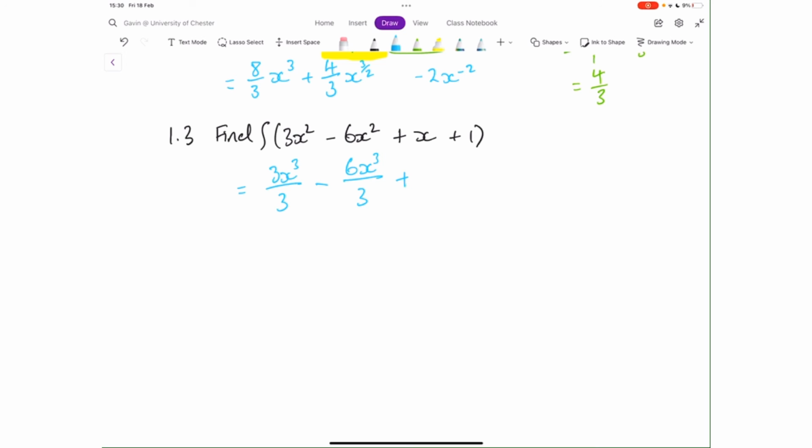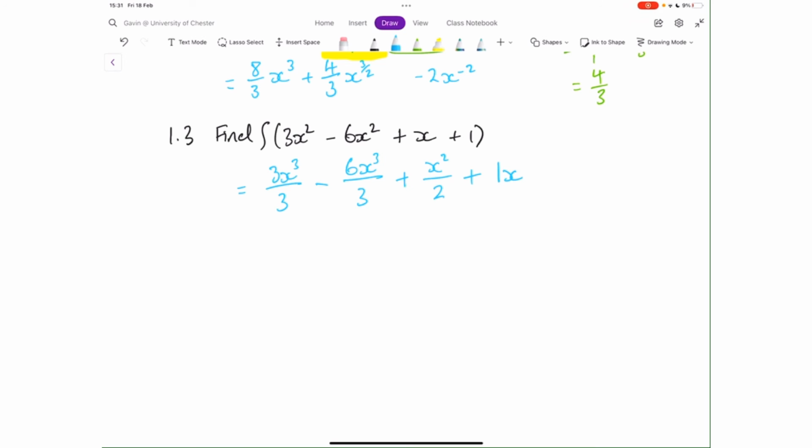So this becomes x squared divided by 2 plus, again, remember there's an implied x to the 0 next to this 1, so it becomes 1x, or just x. We'll write 1x for clarity.